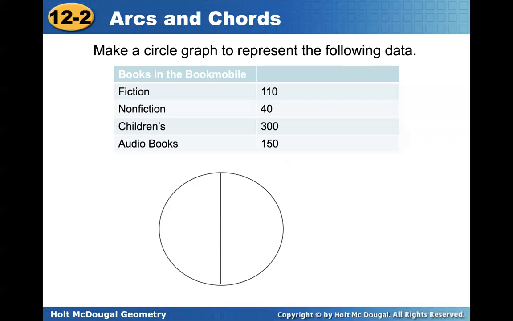And that one's going to be my children's books. Okay. That is half of my circle.